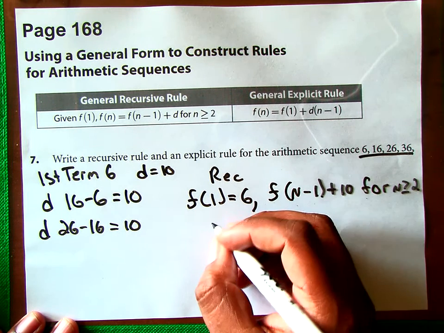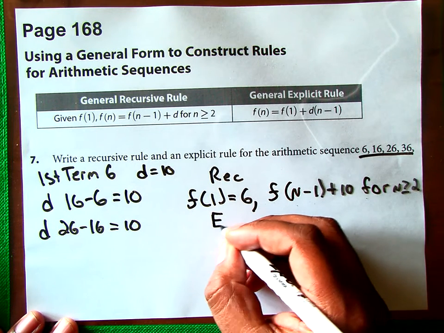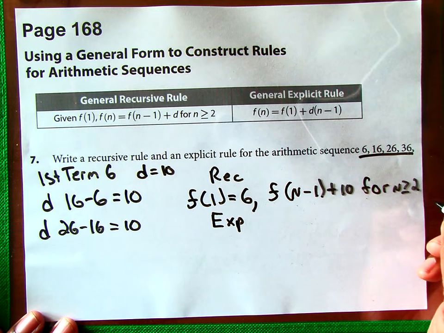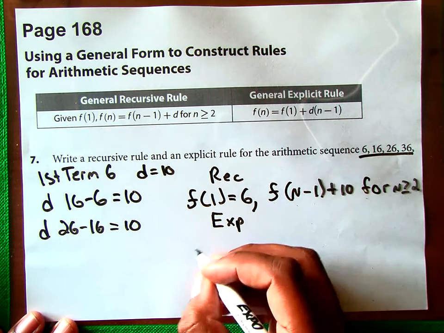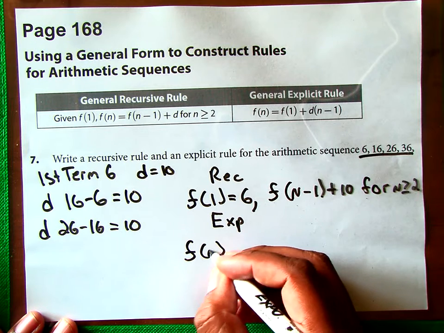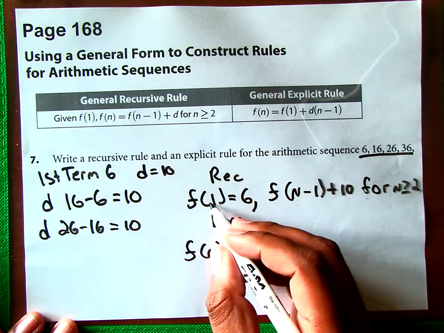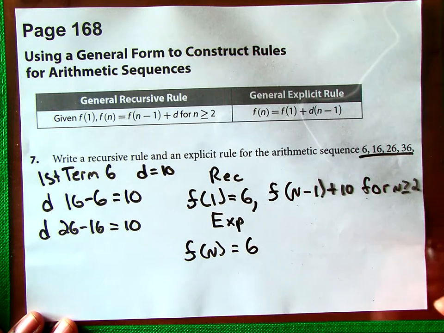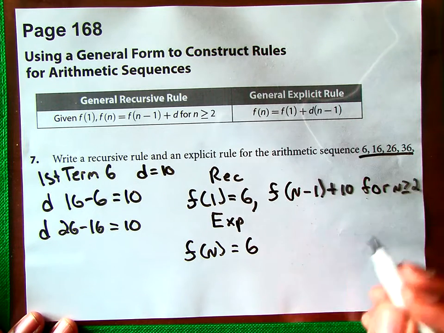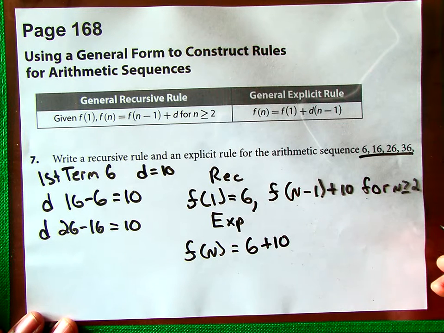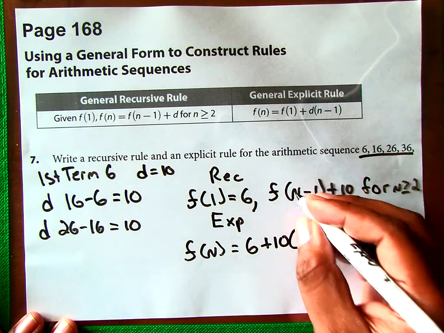Now I'm going to do the explicit rule. Okay, starting off with f of n, and that's going to be equal to my first term, f of 1, 6, plus the common difference, which is 10, times n minus 1.